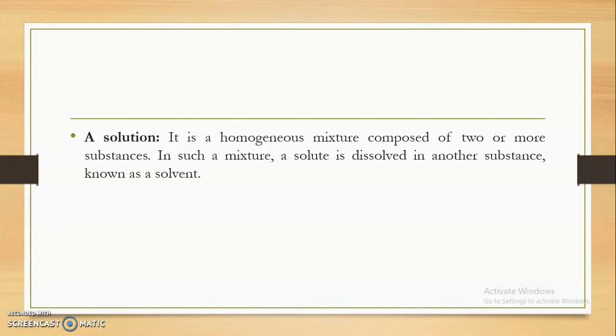After the dissolution, you are not able to see the particles of the sodium chloride, so that mixture becomes homogeneous. That's why a solution is a homogeneous mixture which is composed of two or more substances.